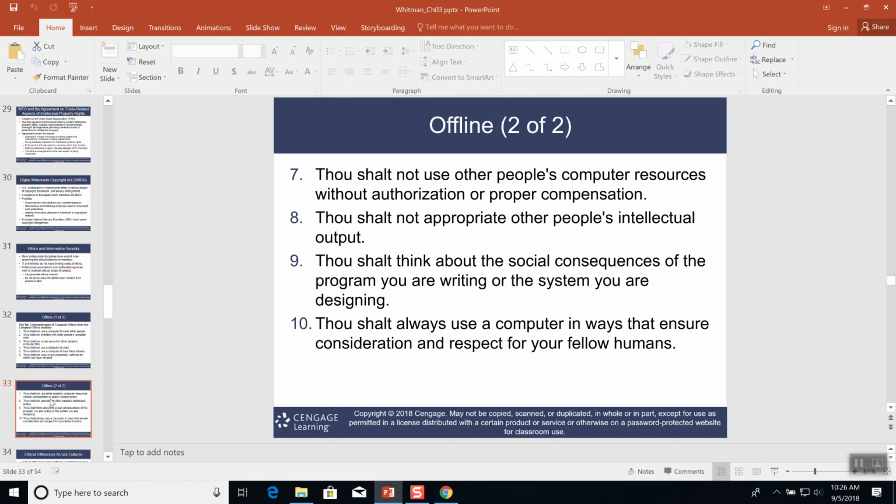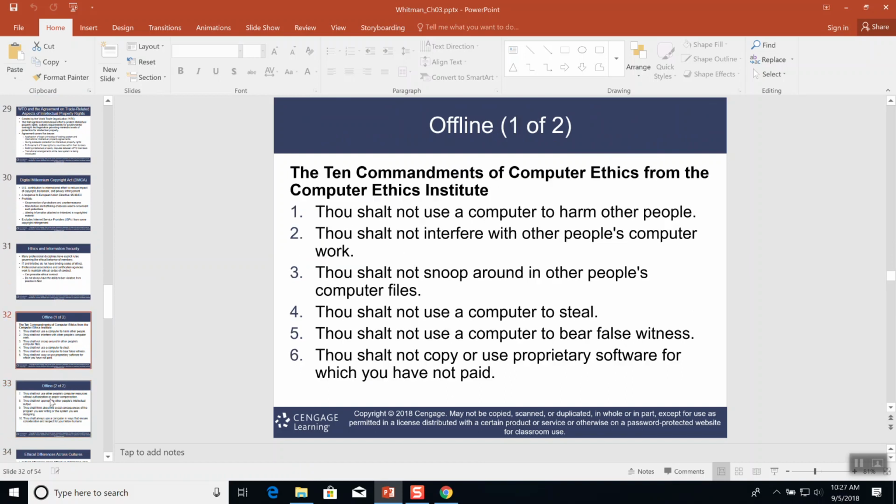Thou shalt not use other people's computer resources without authorization or proper compensation. Thou shalt not appropriate other people's intellectual output. Thou shalt think about the social consequences of the program you're writing or the system you're designing. Thou shalt always use a computer in ways that ensure consideration and respect for your fellow humans.